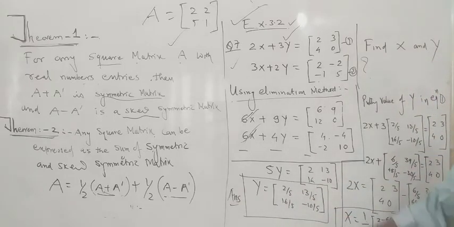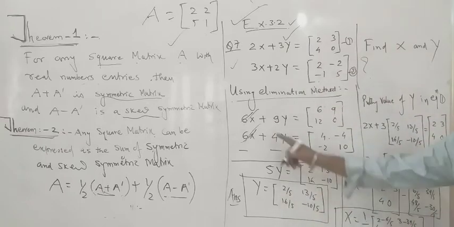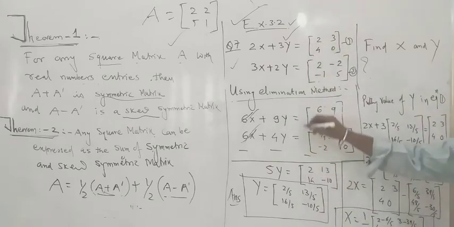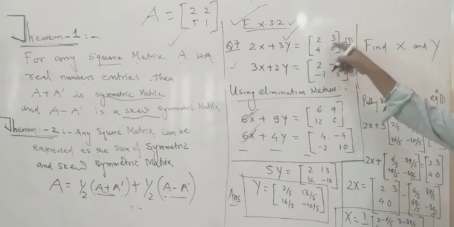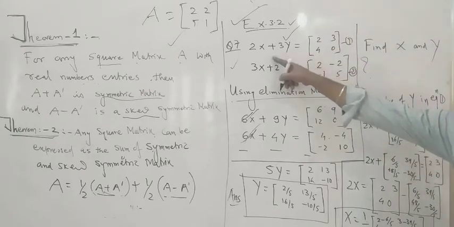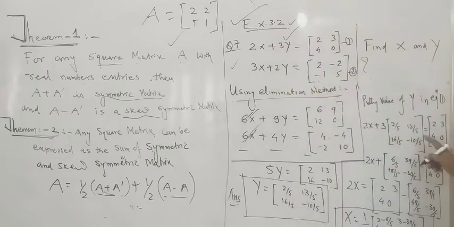Now just like how you did in 10th standard, as soon as you get the value of Y, you put it in any one of these situations or equations. Suppose I am keeping this value in the first equation, then 2X will be as it is, 3 as it is, and put the value of Y here. So see, I have kept the value of Y, right hand side will be as it is.